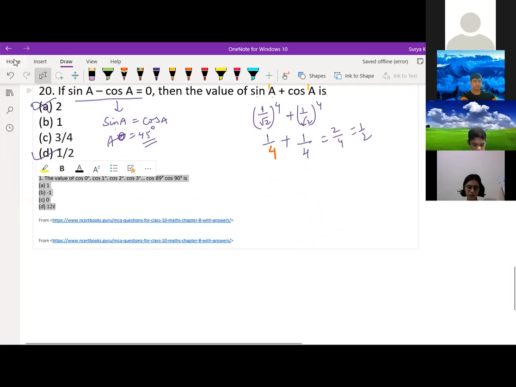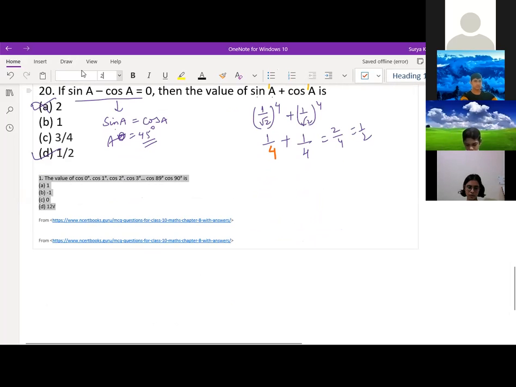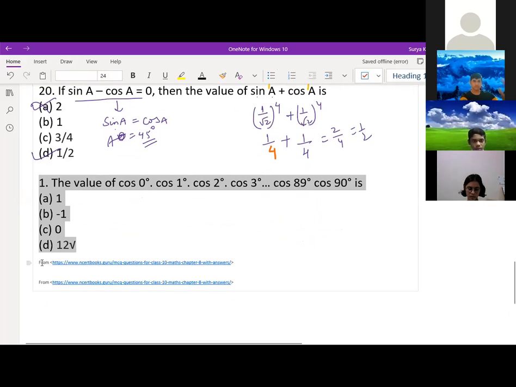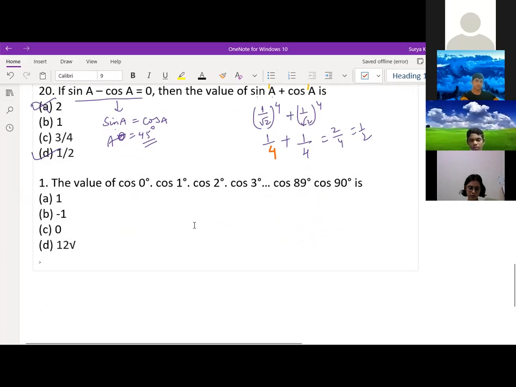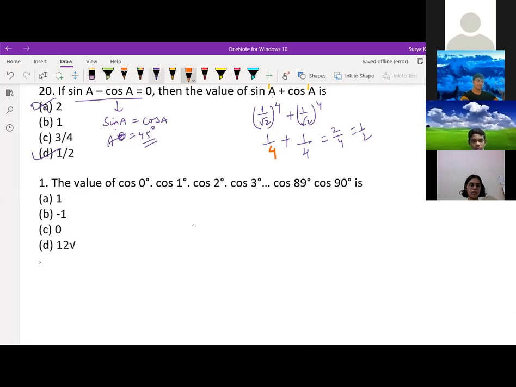Sir, cos 90 is 0, so anyway, if you multiply everything, it is 0. Cos 0 value is 1, cos 90 value is 0. So this value is 0, and anything multiplied by 0 is 0 only, right?